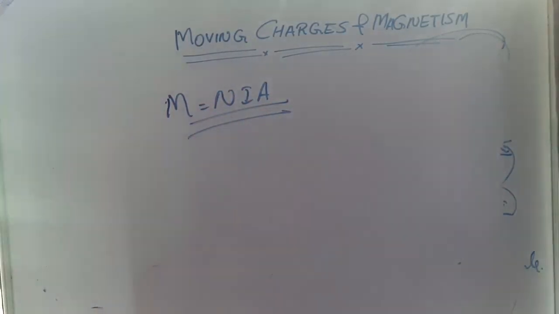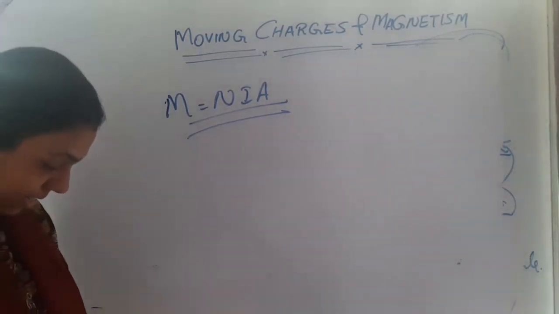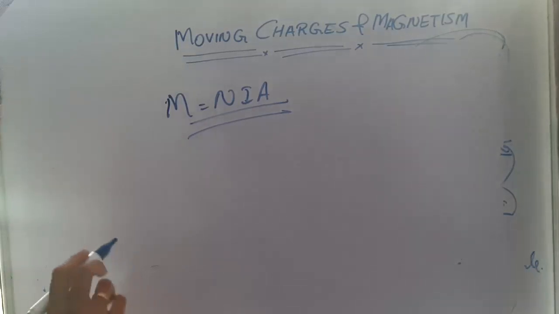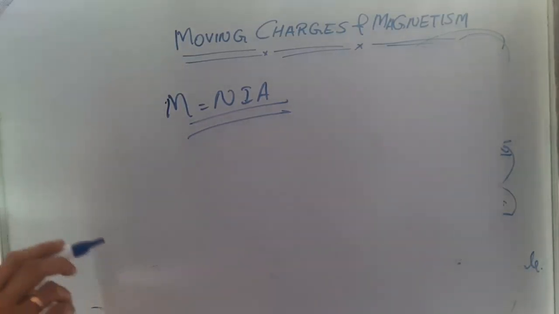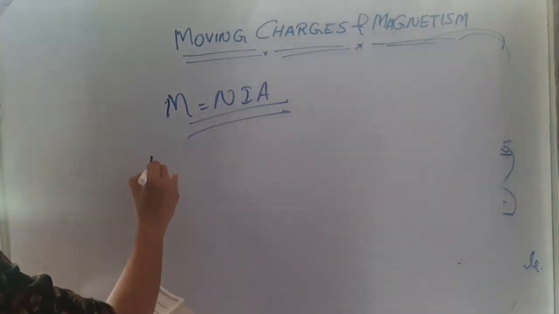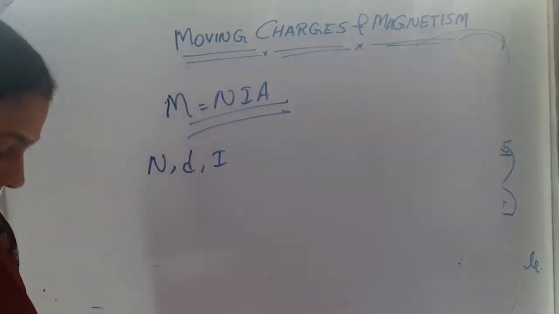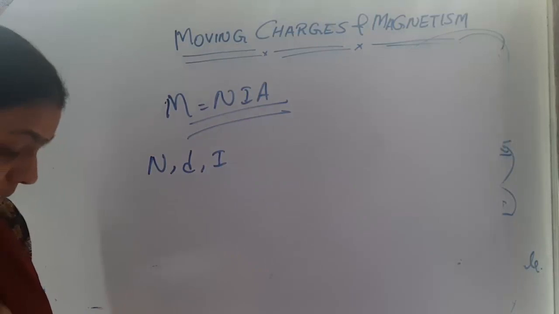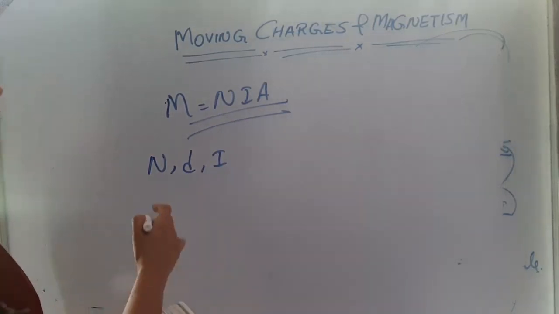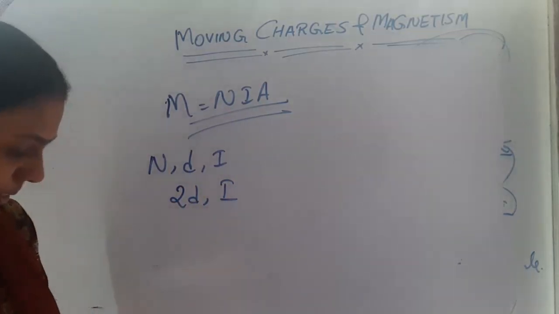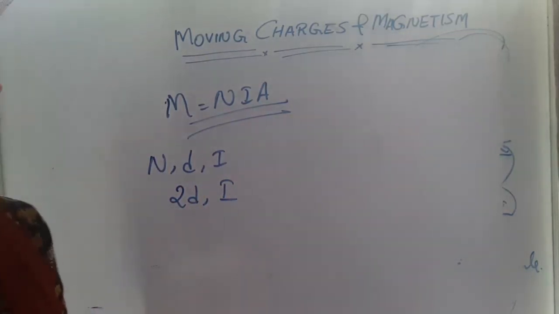Here it is given a circular coil of N number of turns and diameter D, I is the current. It is unwound and rewound to make another coil of diameter 2D and the current remains the same. What is the ratio of magnetic moments?